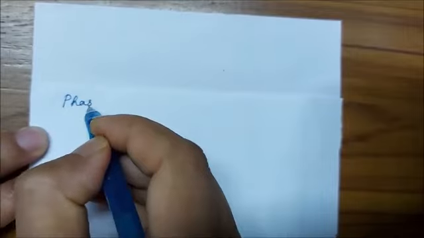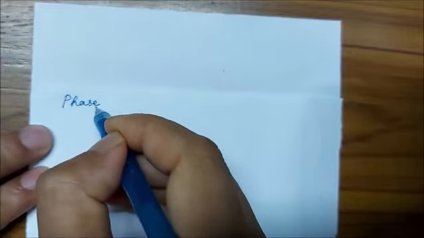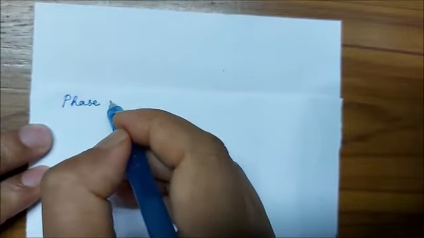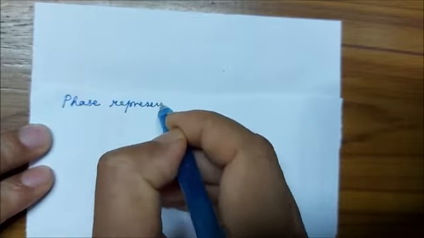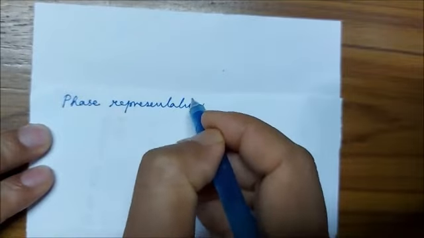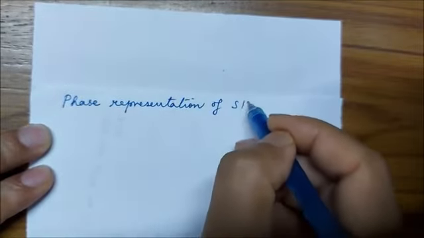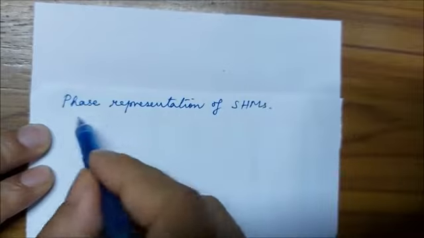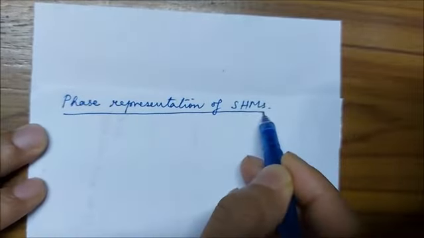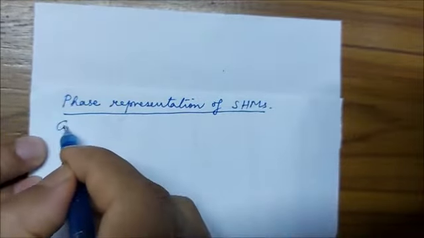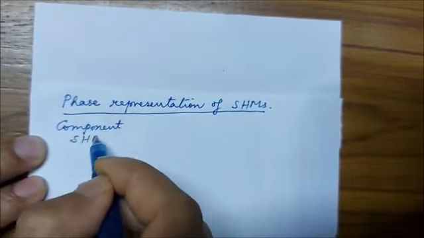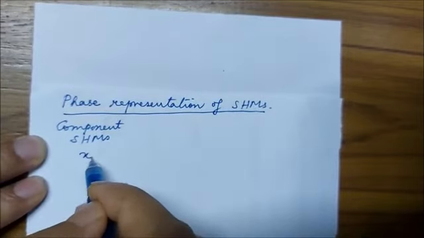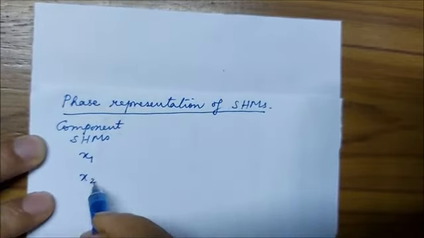We now show the representation of SHMs in phasor diagram. So phasor representation of SHMs. The component SHMs were x1 and x2.